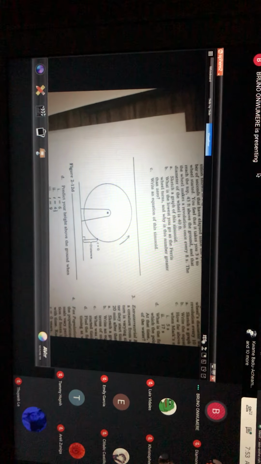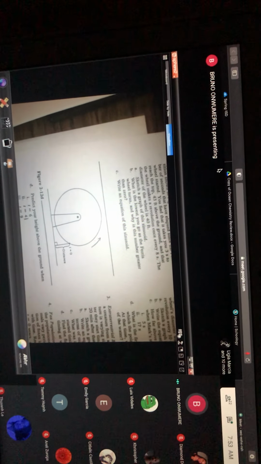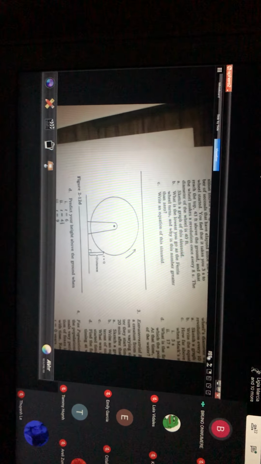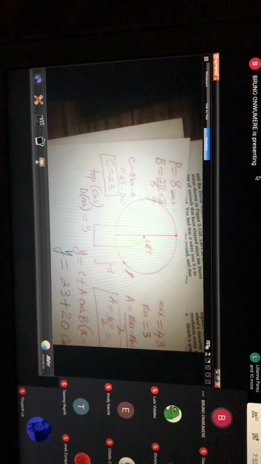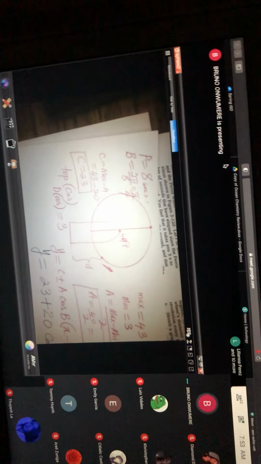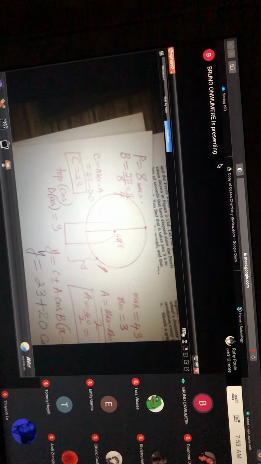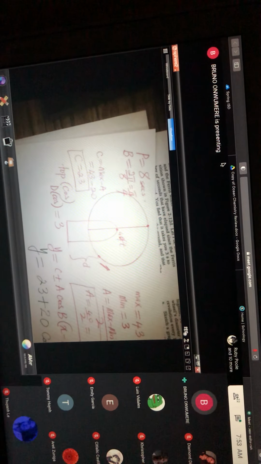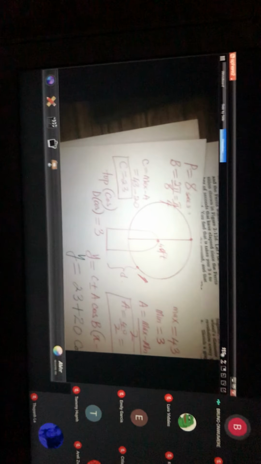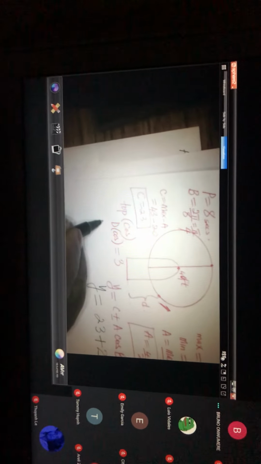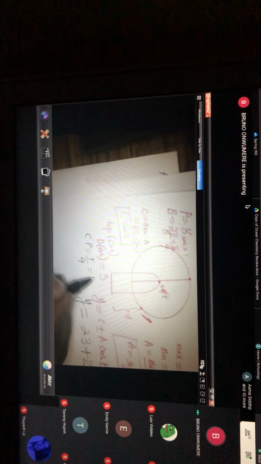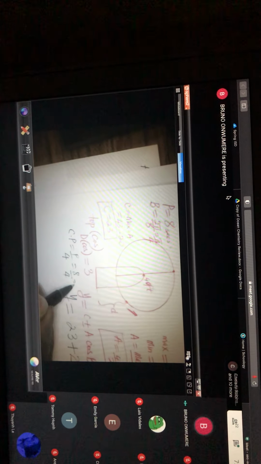Everybody take a look at it. I have the equation. I'm going to graph it. Now, to graph this, I have the max, the mean, I have B, I have P, I have C, I have D. The only thing I need now is the CP. How do I get CP? CP is equal to P divided by 4. P is 8. 8 divided by 4 gives me 2.